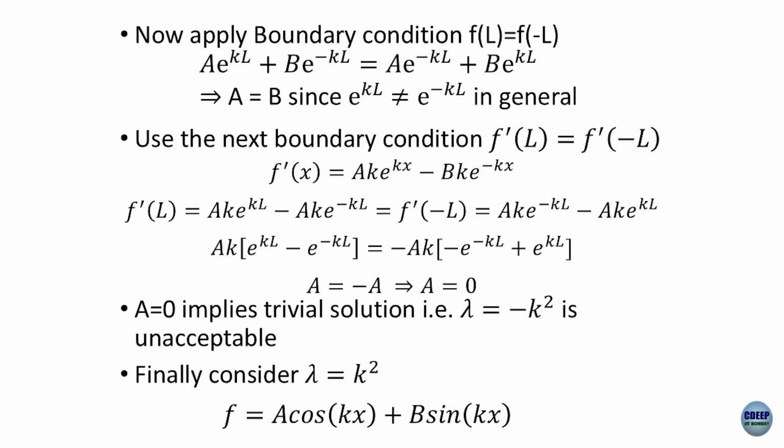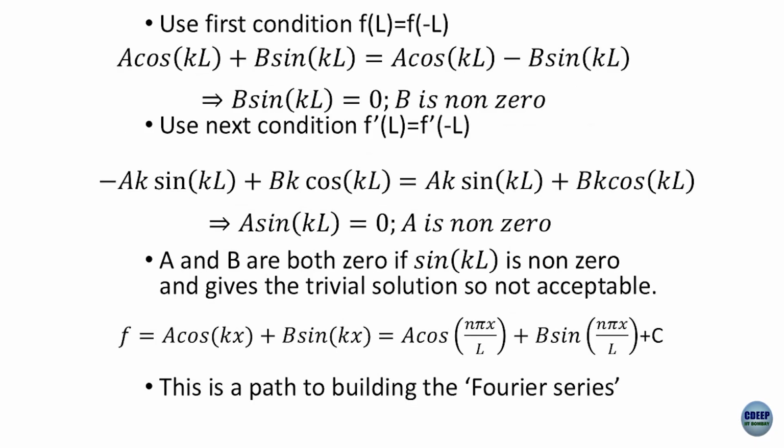So we started by looking at the first condition, f(L) equal to f(minus L), and that said that B sin(kL) is going to be equal to 0. And then you look at the next condition, which is f prime(L) equal to f prime(minus L), and that gave you A sin(kL) equal to 0.